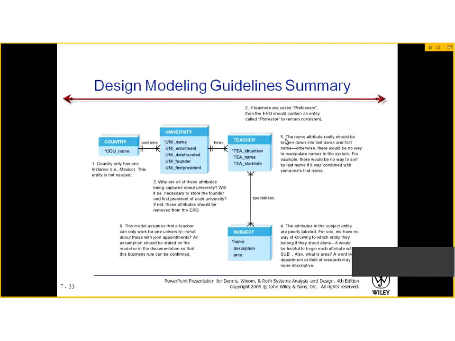The fifth problem is that the name attribute, like in teacher, really should be broken down into last name and first name. In teacher you can see teacher ID number, teacher name, teacher start date. The name attribute is mentioned as a single attribute, so the suggestion is that it should be broken down into last name and first name.